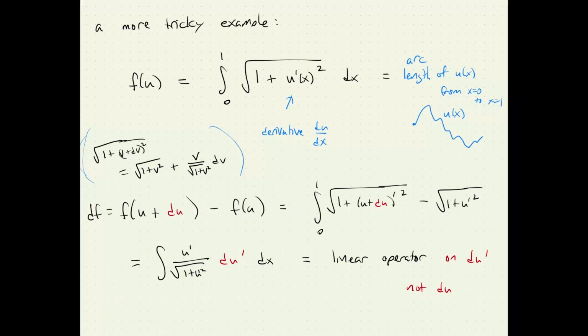So I want to write this as a gradient dot du, and somehow I have to get a du and not a du primed.